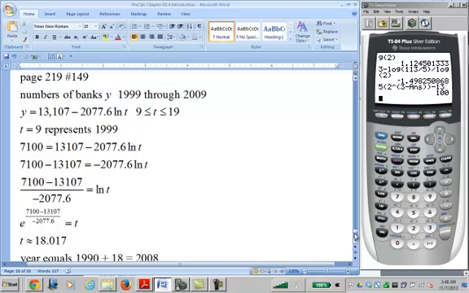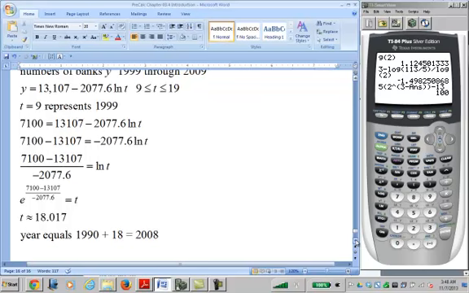So you plug it in. Do the same thing as you did in the example. You end up with ln of t equals 7,100 minus 13,107 divided by negative 2077.6. Put it in exponential form, so it's base e raised to the power of this number equals t.